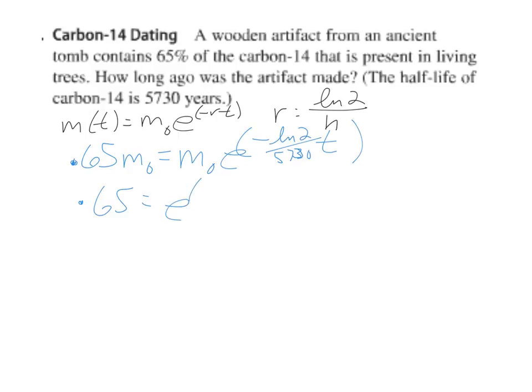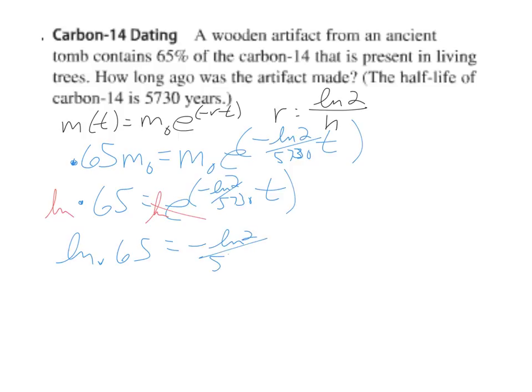And so it's going to be the same process that we had in the last problem. Natural log both sides. Natural log of 0.65 is negative natural log of 2 over 5730 all times t.